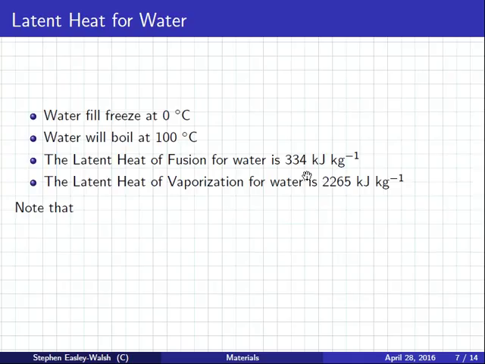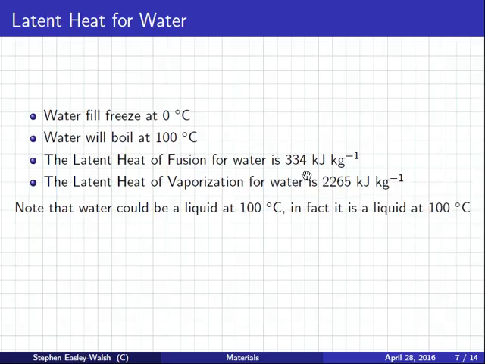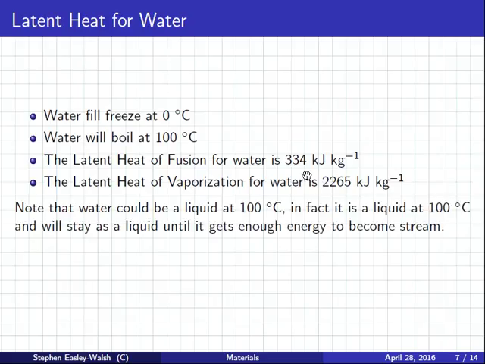Note that sometimes students get a bit confused about this fact, but just to make it clear, water could be a liquid at 100. Just because water reaches 100 Celsius doesn't mean it instantly turns into steam. While it's at 100, it still needs to get enough energy to become steam. Until it does, it actually will still be a liquid. In fact, it is a liquid at 100 and will stay a liquid until it gets enough energy to become steam.